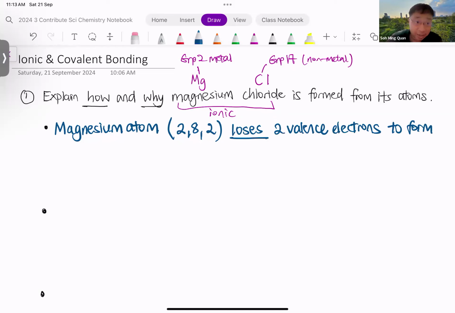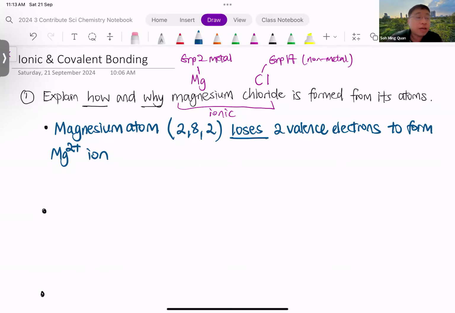Electrons are negative. If you lose the electrons, you lose negativity and you become positive. Because you have lost 2 electrons, it forms a 2 plus charge. We call this the Mg2 plus ion. Ion refers to a particle which is charged.